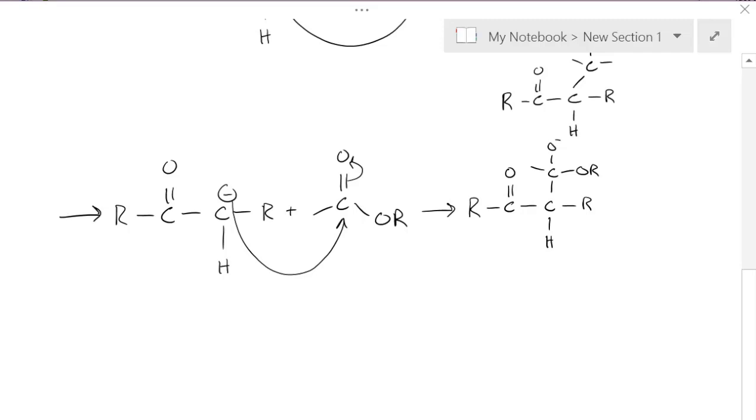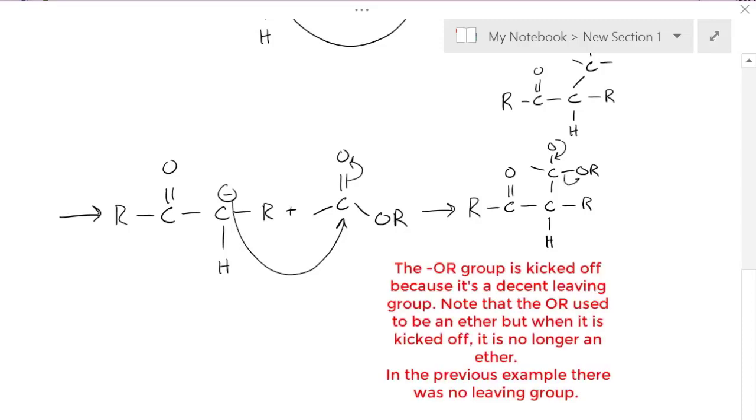Now here, instead of just waiting for the O minus to get protonated by water, what would actually happen is your negative charge would come back down to form the double bond again. And as it does that, it's going to kick the ether group off. So we're going to break the ester into a ketone.